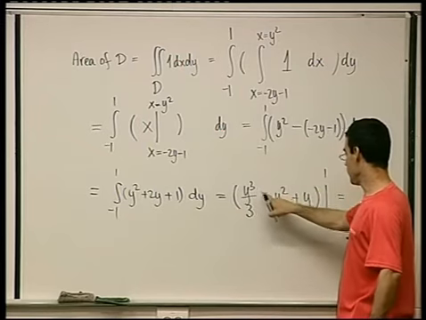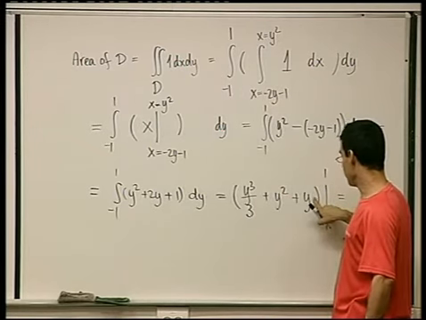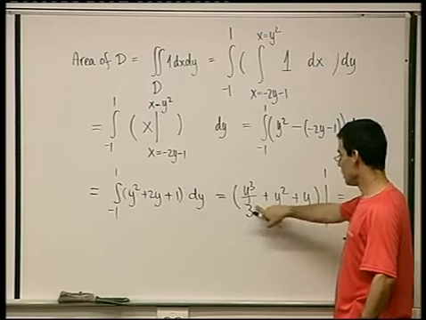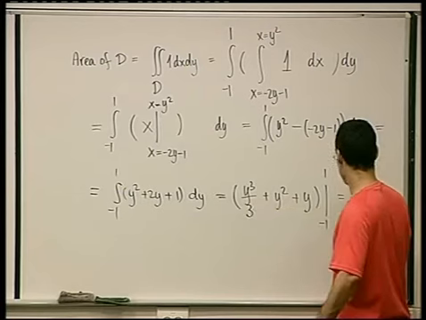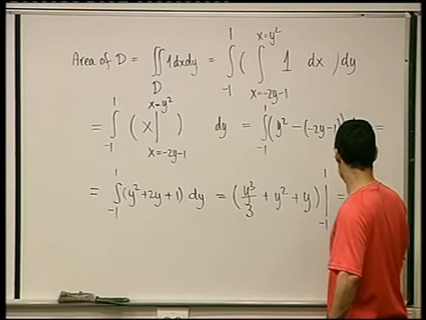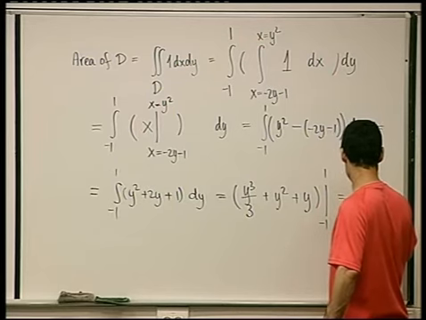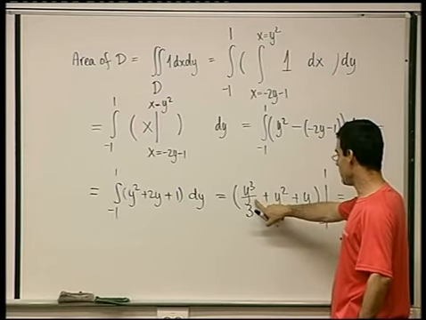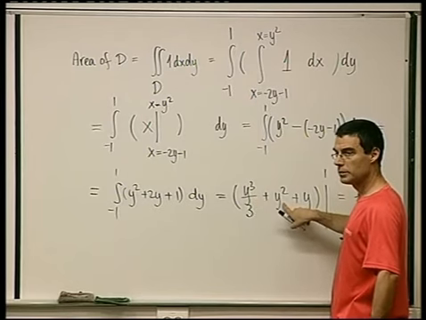When I plug in 1, I get 1/3 plus 1 plus 1, which is 2 plus 1/3. It's 2 1/3, which can be written as 7 over 3. And then minus, when I plug in -1, I get minus 1/3 plus 1.